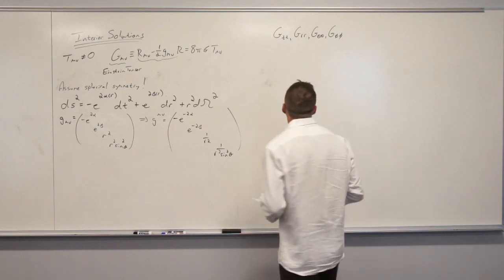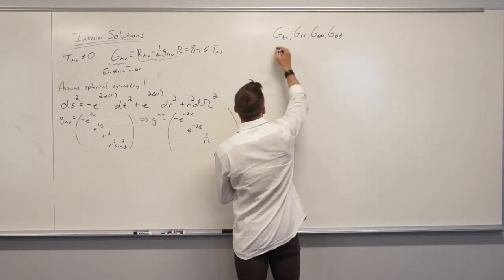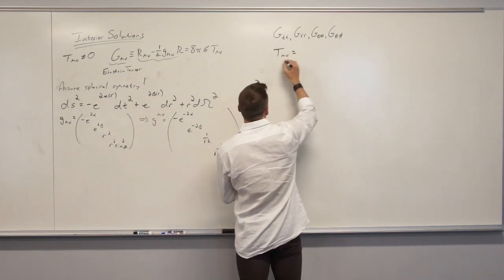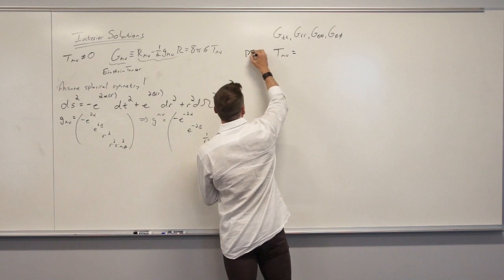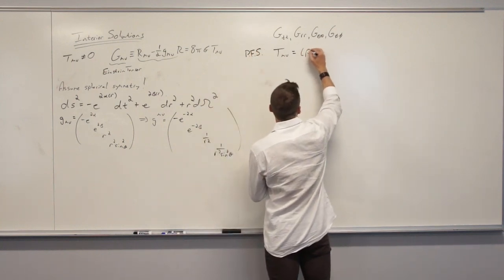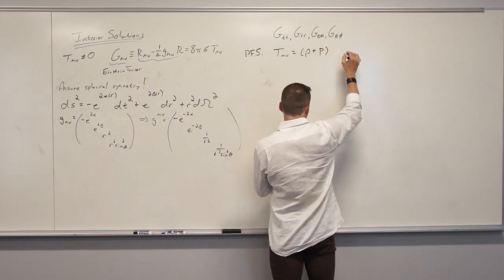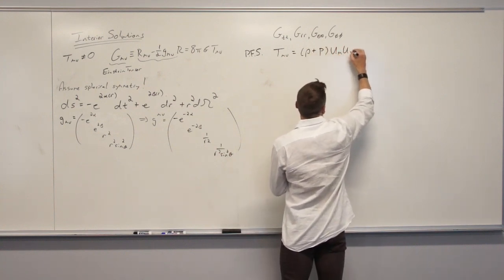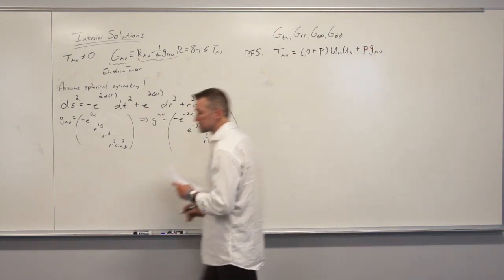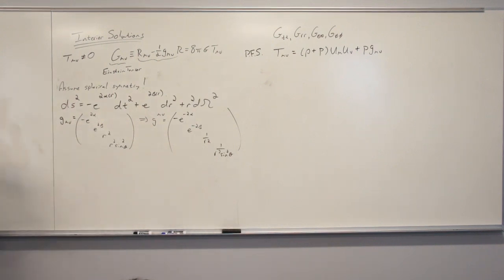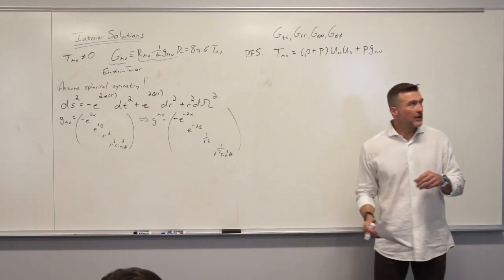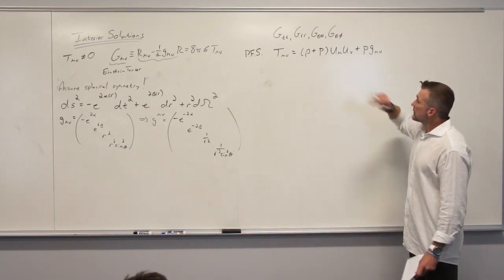For T mu nu, we're going to assume a perfect fluid source, and therefore, this is where you get the money for your efforts, you know that the energy momentum tensor of a perfect fluid can be written in that form. Everybody remember that expression? Yes? Good. Awesome.